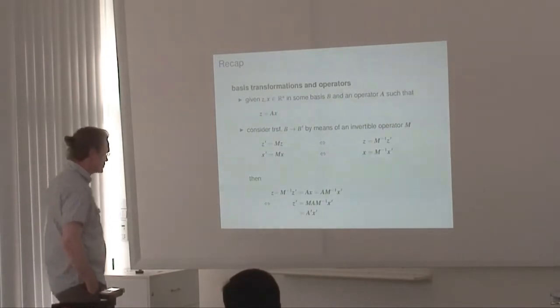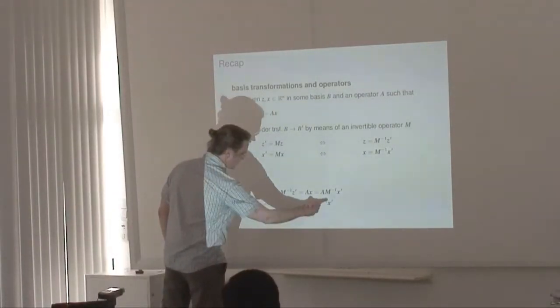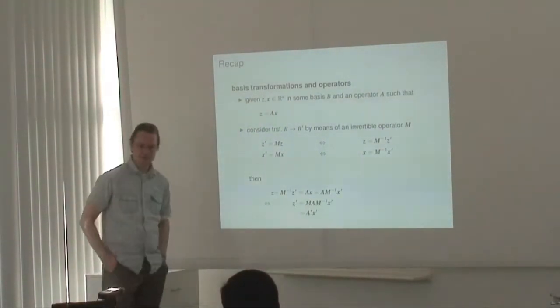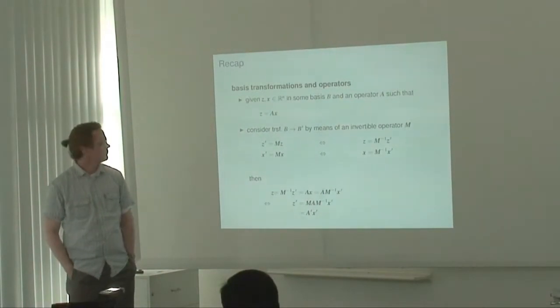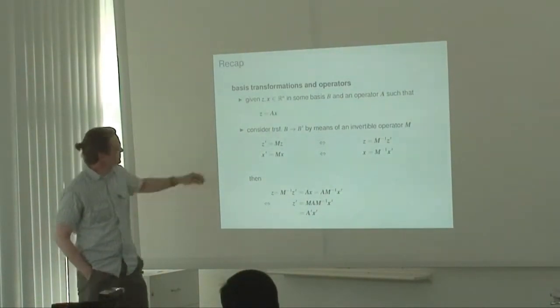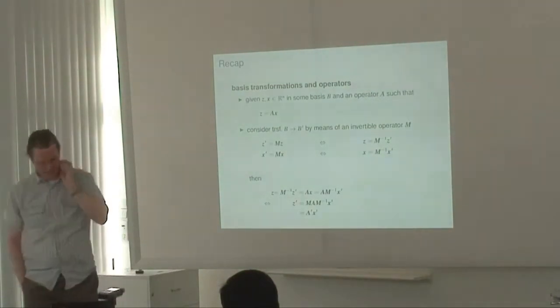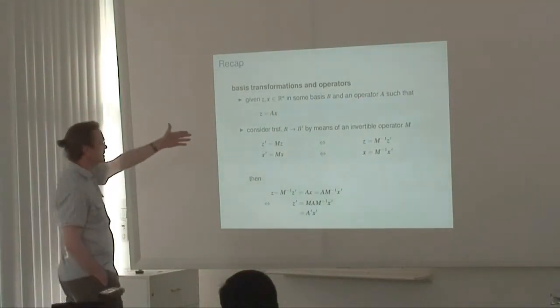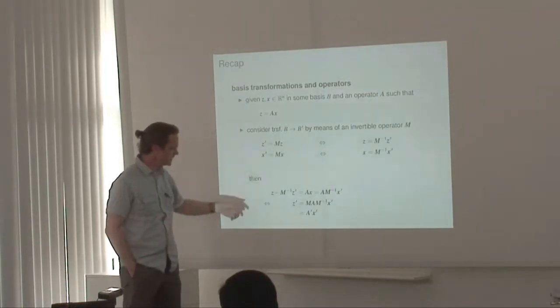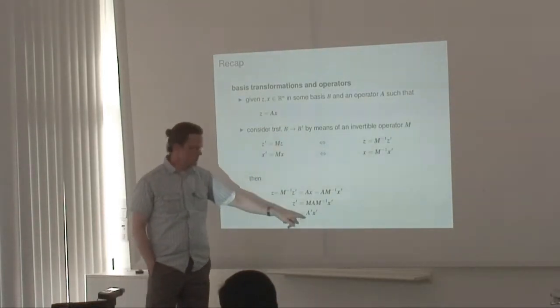And if we introduce a new name for this product of three matrices, let's say A prime, we find that if the relation between z and x in the original basis is given by the operator A, then in the new basis it is given by this operator A prime.